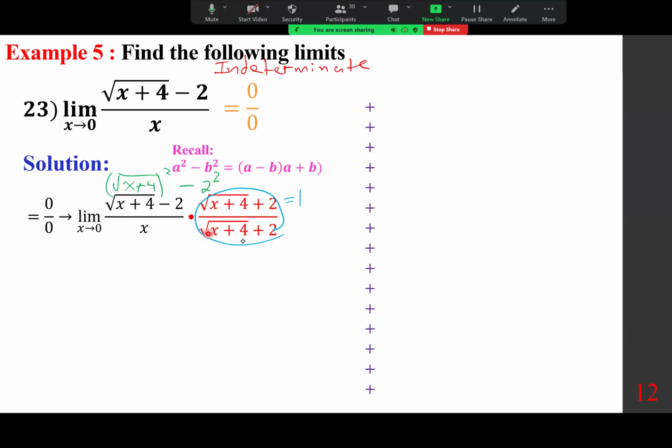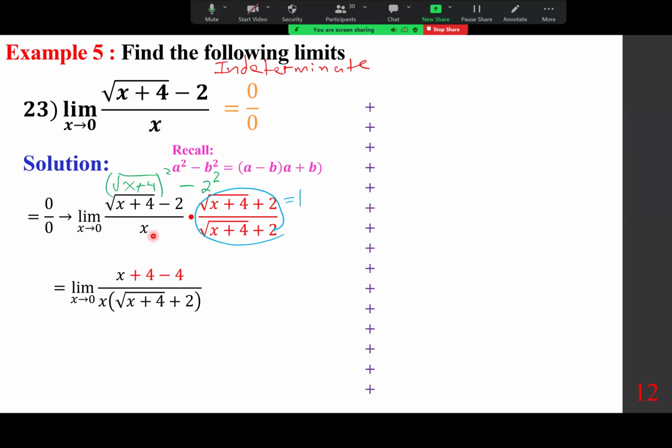However, the denominator, you always keep it the way it is, x times that, and you don't distribute, because when you get 0 over 0, it's 0 in the denominator that creates a problem. In this case, x is creating a problem, which means you are hoping with this process you get rid of it.